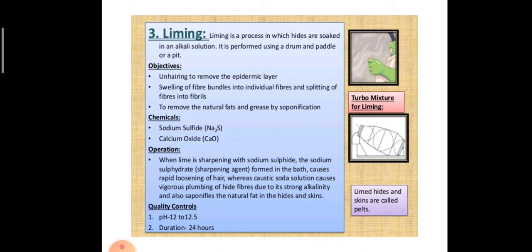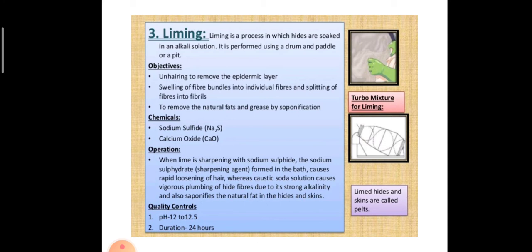Another objective of liming is swelling of fiber bundles. Understand? The hides and skin have fiber bundles, which should be swollen and opened up into individual fibers, with splitting of fibers into fibrils. The next important thing is to remove natural fats and grease by saponification.